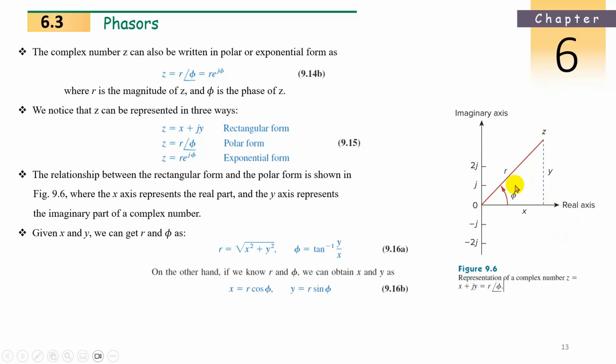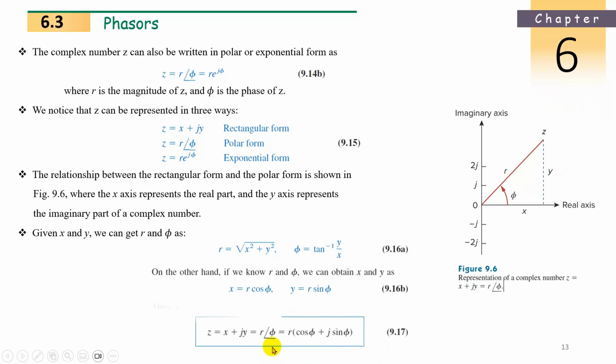If r and phi are given, then r sine theta is y, and r cos theta is x. So x is equal to r cos phi and y is equal to r sine phi, because here I am using phi for theta. This is the general trigonometric equation as per this diagram. You can remember this: x is equal to r cos phi, y is equal to r sin phi. Draw the diagram and you can directly get it.